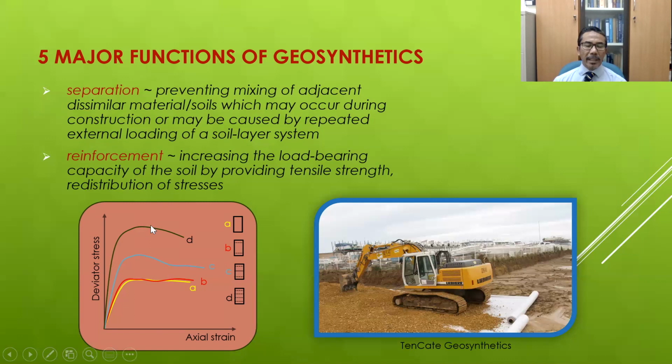This higher strength is achieved due to the inclusion of these 2 reinforcement elements. These 2 reinforcement elements produce additional internal confinement, so that the soil sample gains higher strength as compared to sample C. So those are the concepts of reinforcement when geosynthetic materials are used together with soil.